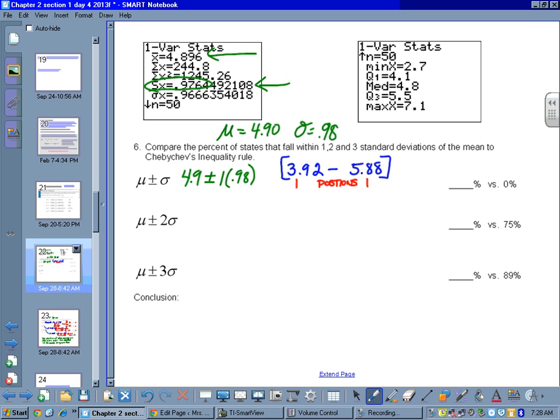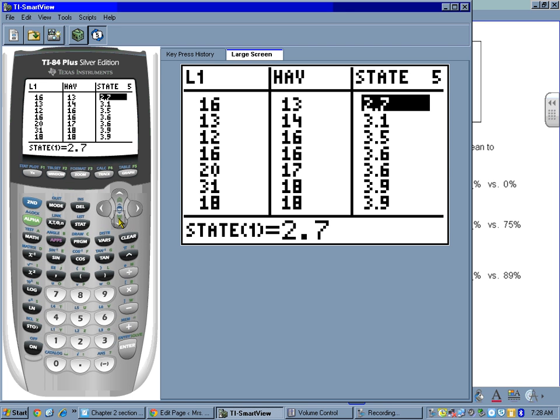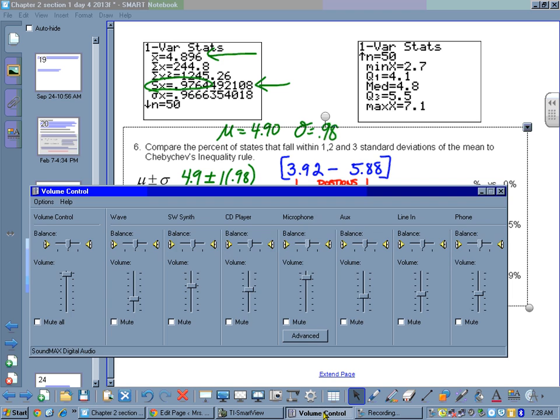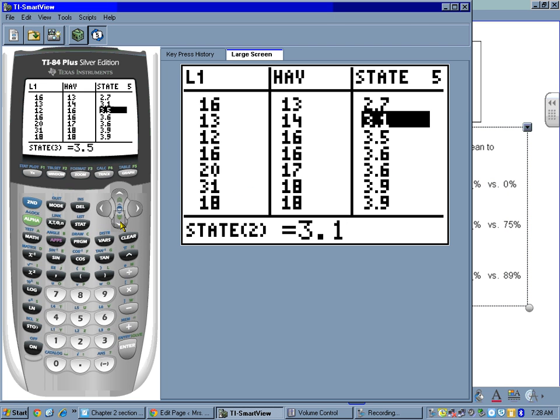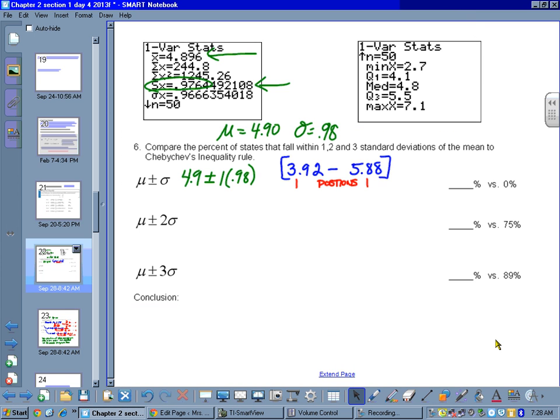So I go back to my calculator, and I am going to go to the beginning of the data. I have to be 3.92 or greater. 3.9 is not greater than 3.92, so I have to go up to this 4, which is position 4. And then I have to be at or less than 5.88.